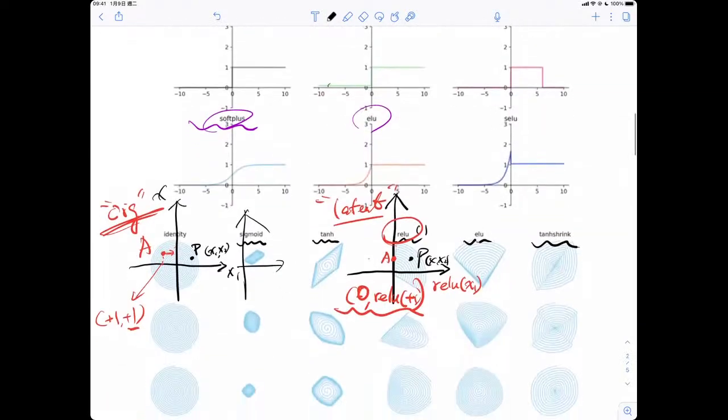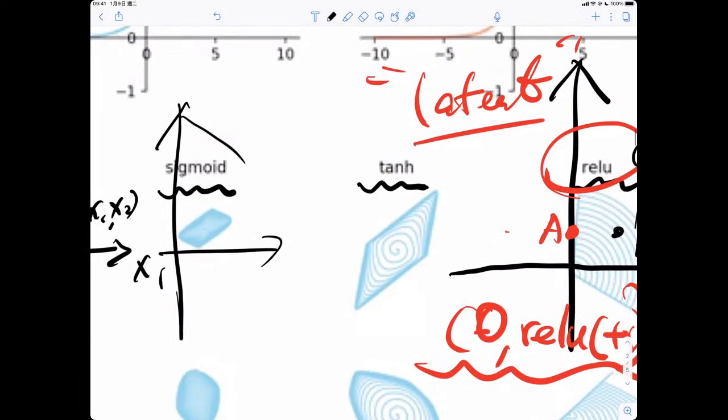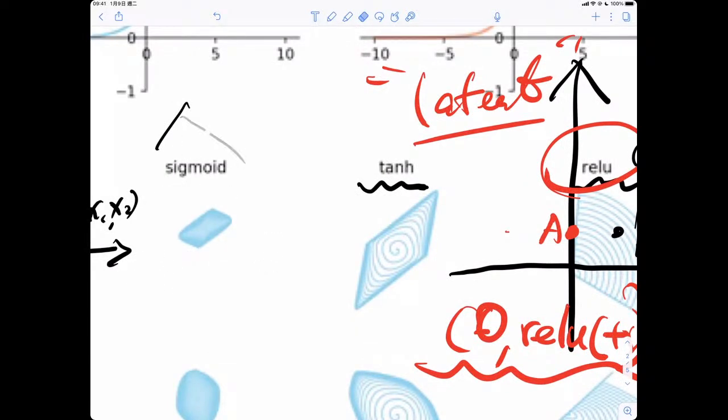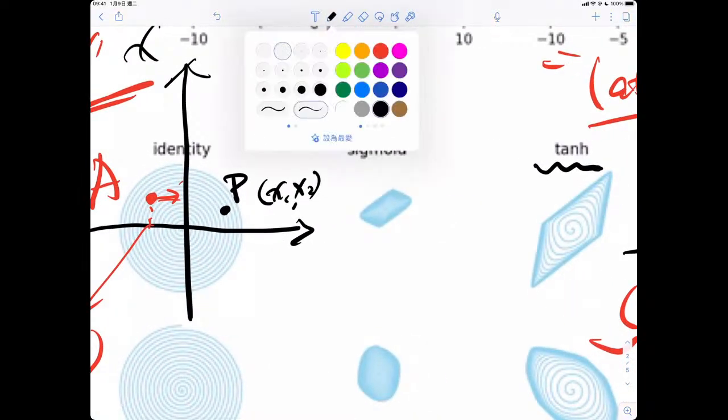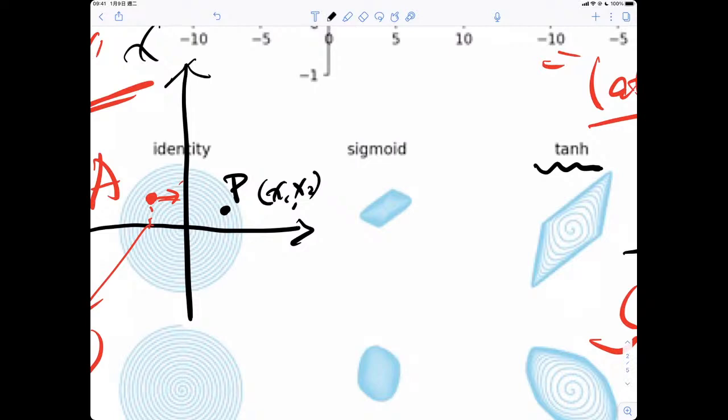So basically, if we pay attention to this one, for some data points, it's right here, F. It is a little bit far away from the original data point, so it will be squeezed back to 1.